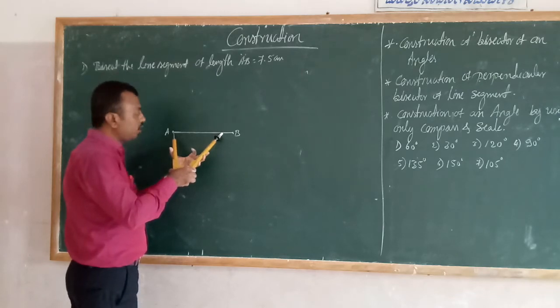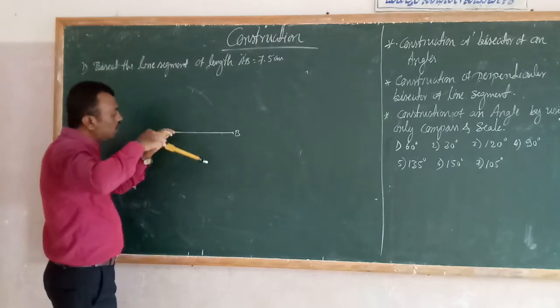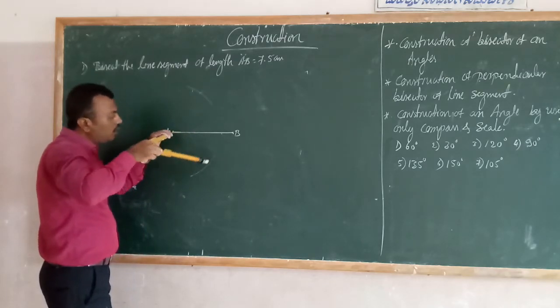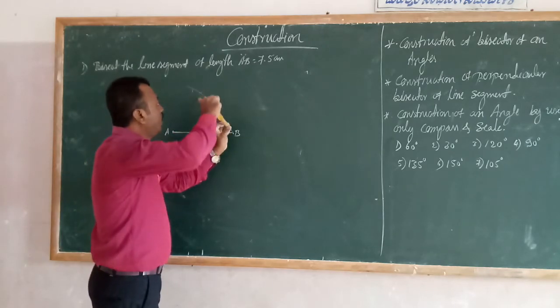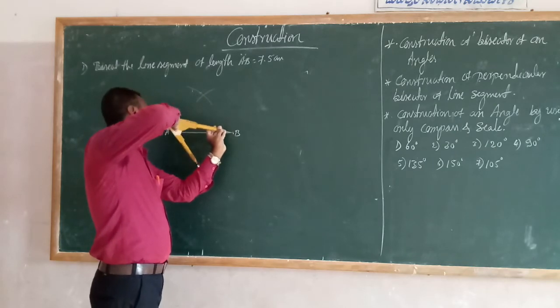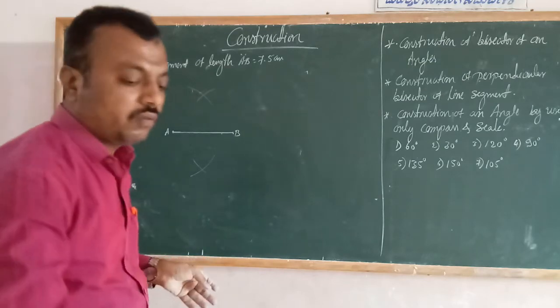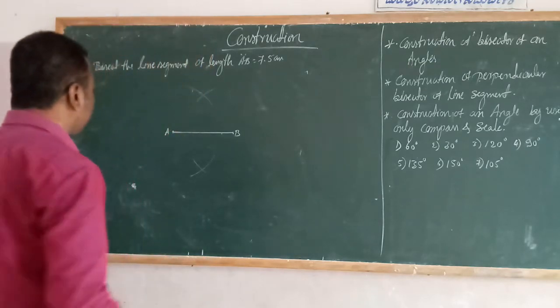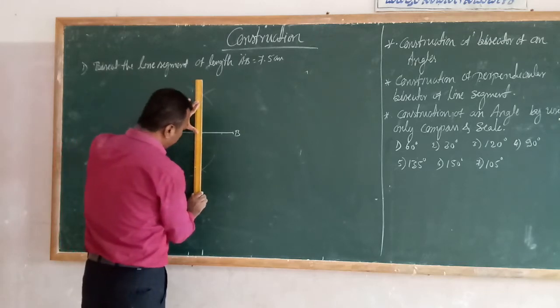First take it in the compass, keep it on the point A, cut the arc above and below the line segment, and keep it on the point B and cut the same arc as the previous arc above and below the line segment. So now you have to join these arcs to each other.